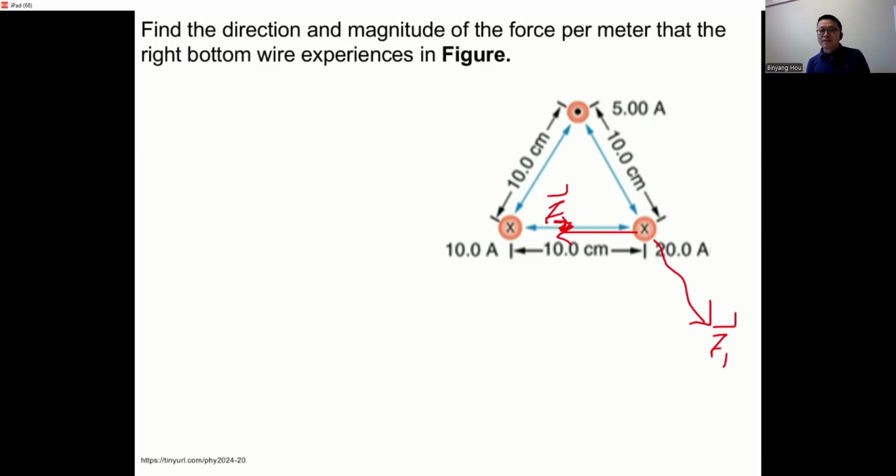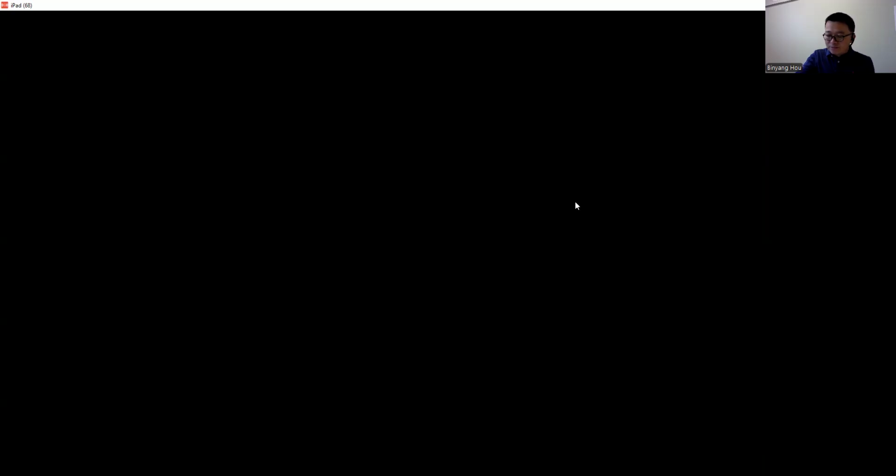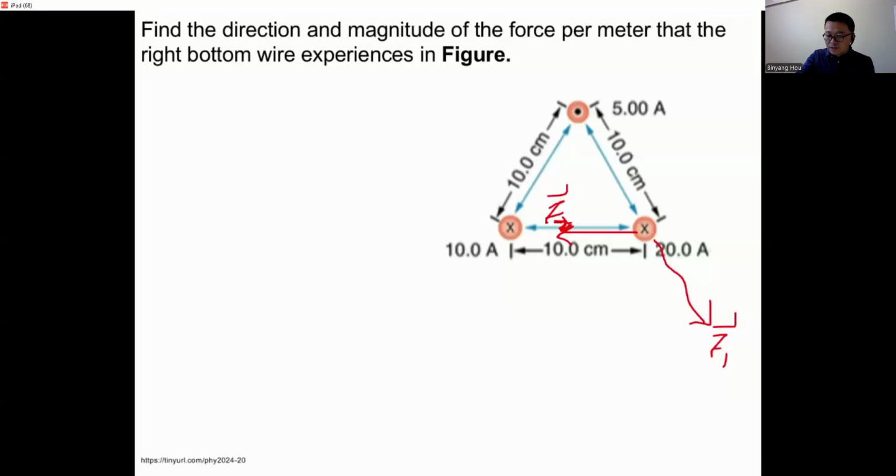Okay, and I should draw this one shorter, because the distance between 5 and 10 should give less than between 10 and 20. So this one will be about half of F2.